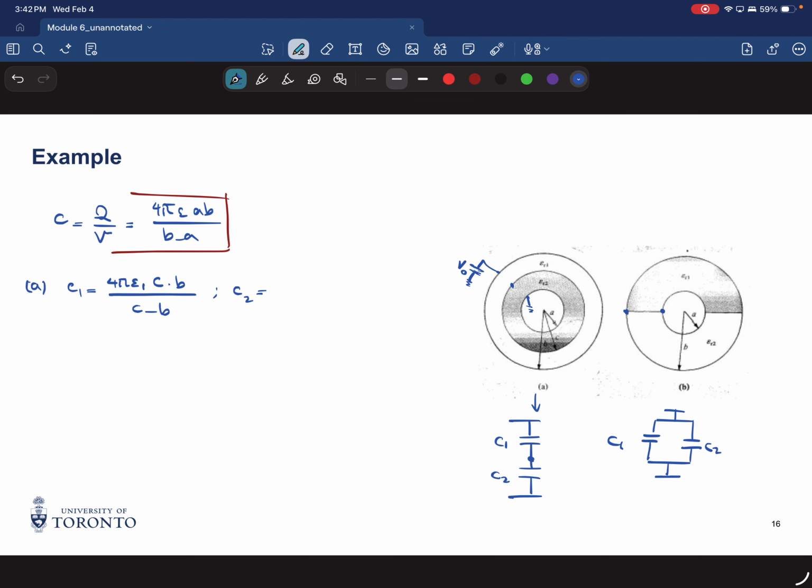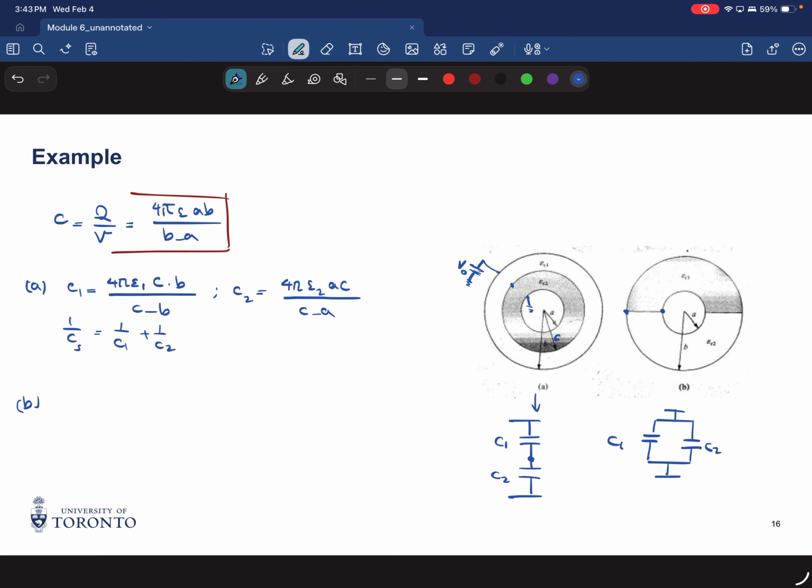And C2 is 4 pi epsilon 2 A C, for some reason this is called C, and then C minus A. So C of series is going to be 1 over C1 plus 1 over C2.